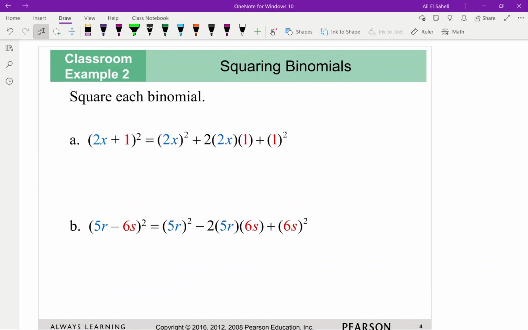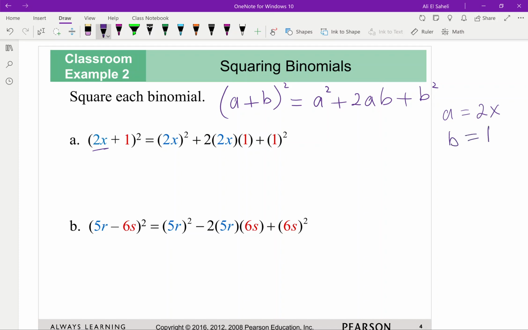2x plus 1 squared. So first we square this. Remember the rule: a plus b squared is a squared plus 2ab plus b squared. A in this case is 2x and b is 1.